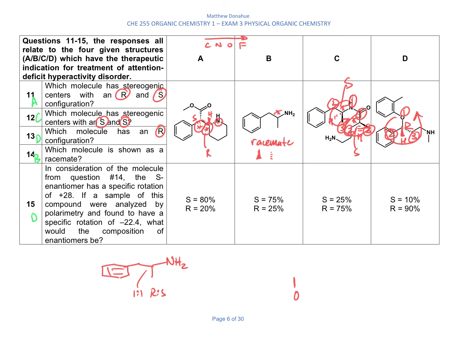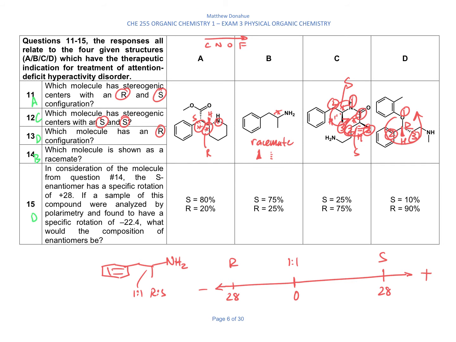At 0, that's your 1-to-1 mixture. We'll just go to the right as positive, and when you hit 28, that's the S enantiomer. Which means if you go negative to the left, 28, that must be R.